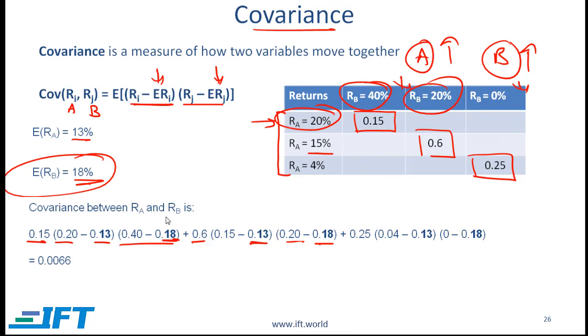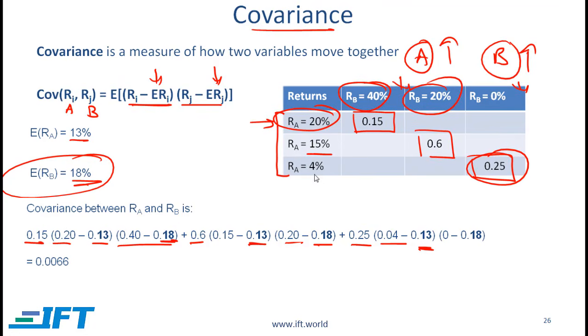And then in the third scenario, 0.25 probability, 0.04 is the return on A in this scenario minus the expected value of 0.13, and then 0 minus 0.18 from here. When you do this calculation, you come up with 0.0066.